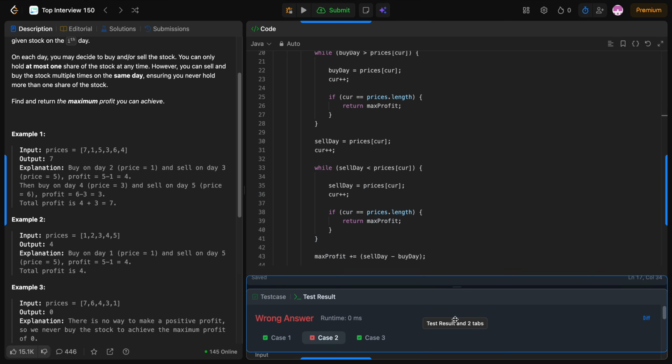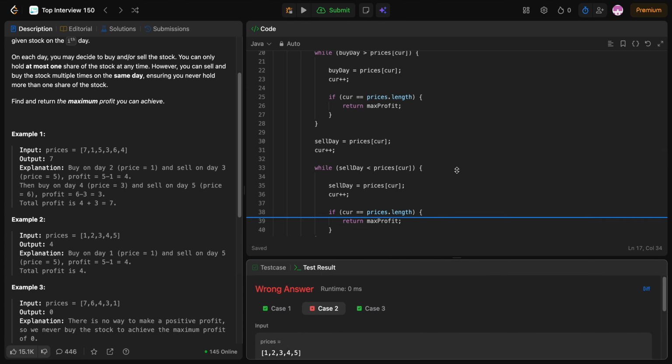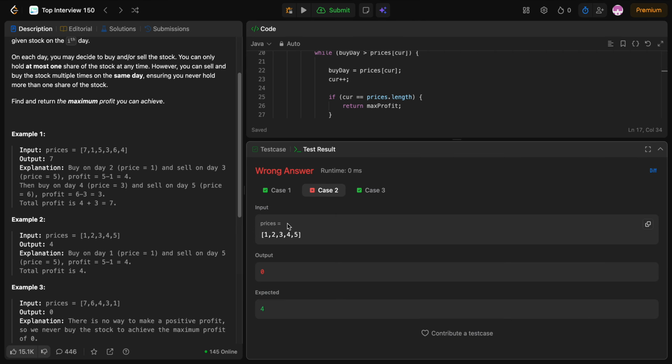Okay, so we have failed a test case. Let's take a look. 1 2 3 4 5, output 0 4.